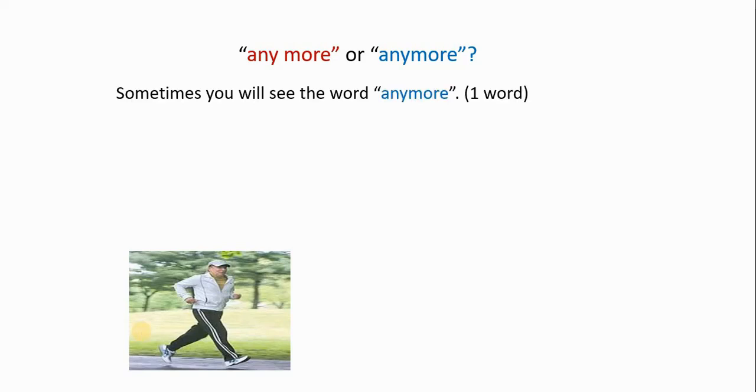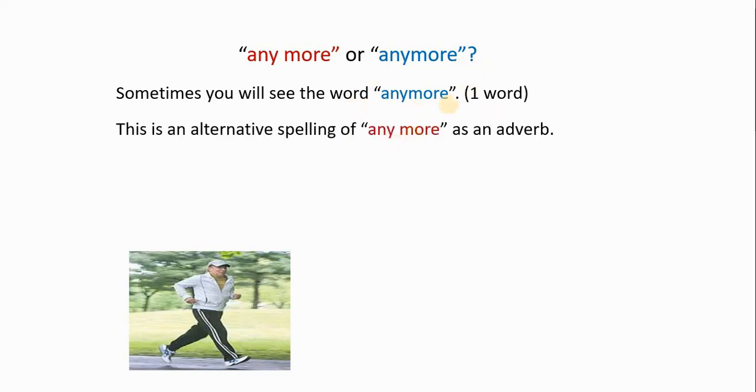Sometimes you will see the word anymore as just one word. So you see here, it's a single word, and here, it's two words. So what's the difference? Well, anymore as one word is simply an alternative spelling of any more as an adverb.